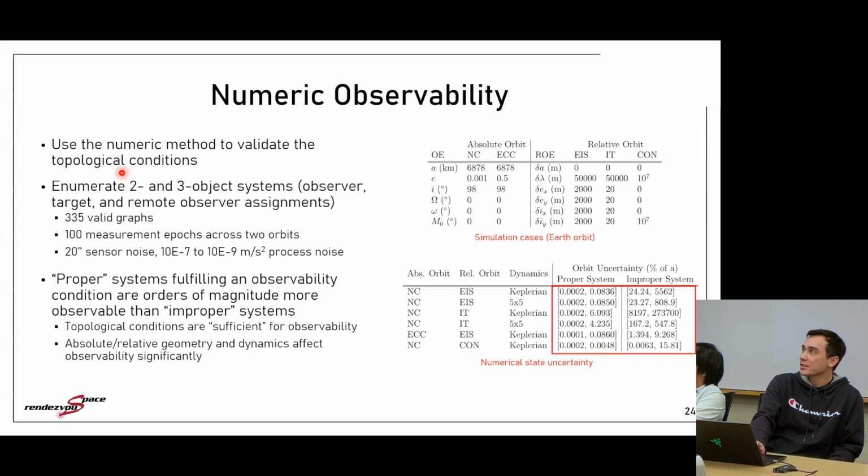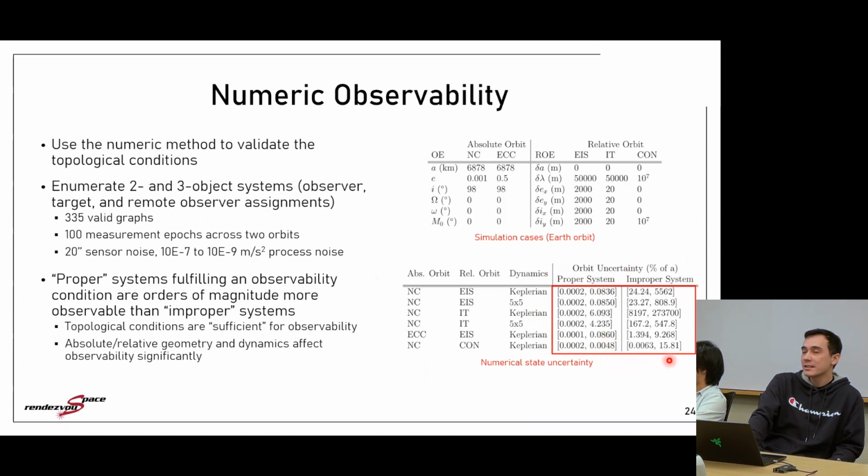Okay, so what can we actually do with this? First of all, we can use these numerical methods to validate those topological graph conditions. So I went about enumerating all of the possible 2 and 3 spacecraft subsystems. It turns out there are 335 valid graphs, which is quite a lot. But by applying the numeric method to this, we can actually look at the range of orbit uncertainties that I saw as a percentage of the semi-major axis for systems which fulfill at least one of those topological graph conditions for observability and systems which do not.